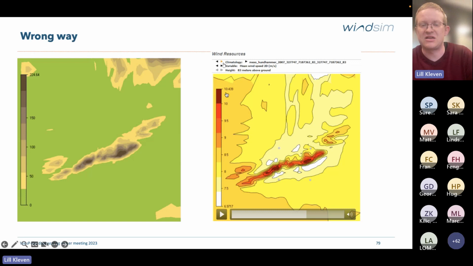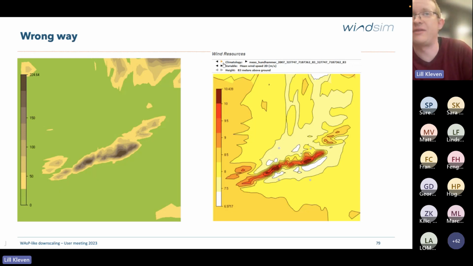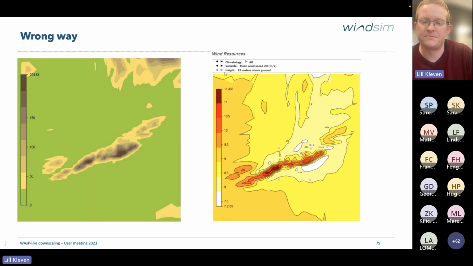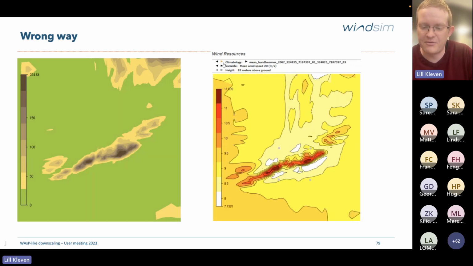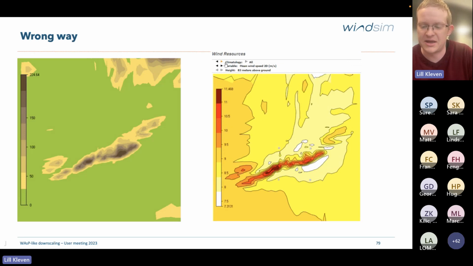It changes from 11.6 to 10.4 meters per second. So it's very difficult, because of the changes mostly in the terrain and roughness and the physics between the 2 models, to get consistent results between the different virtual metmasts using this technique.